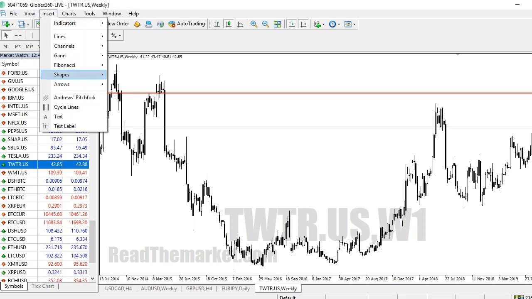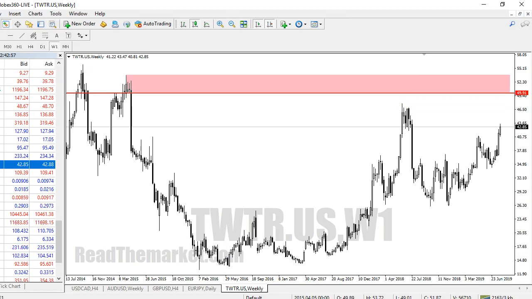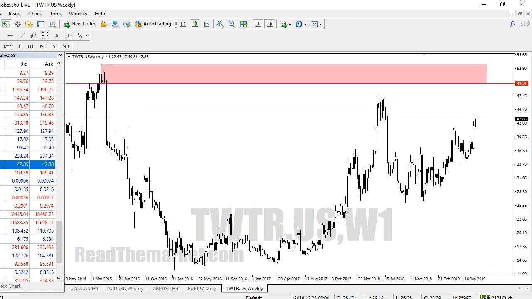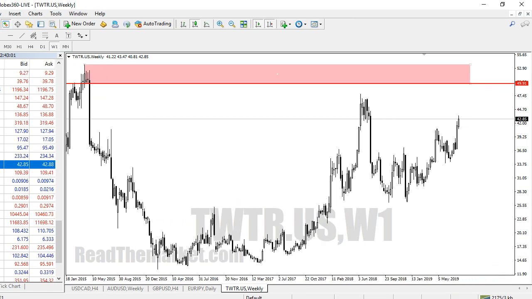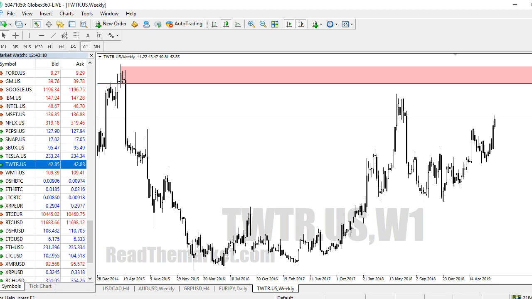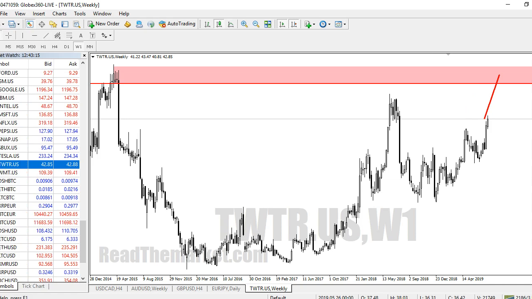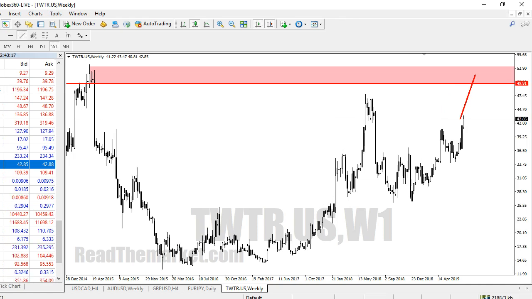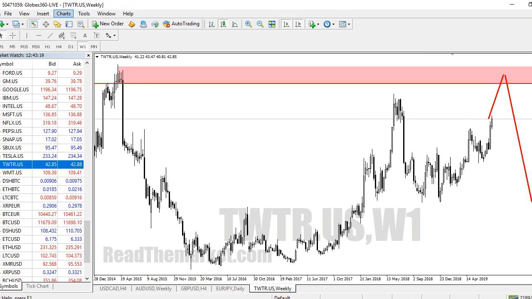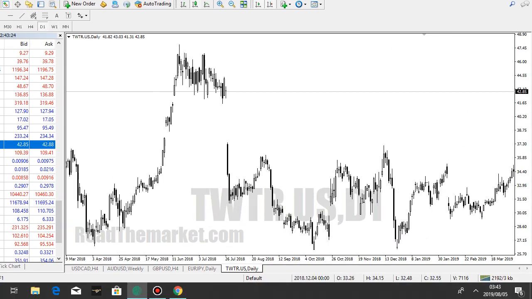So at this point you have a huge sell zone here, a nice sell zone. You see? If the price decides to go up in the long run, it has to hit here and drop for a long-term trade. So let me check the daily, the smaller time frame. Let's check the small time frame.